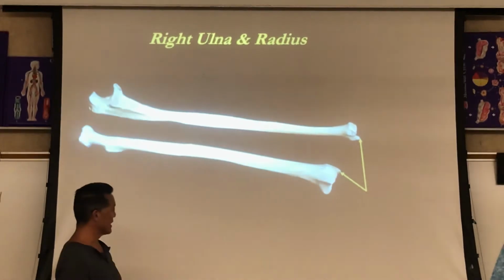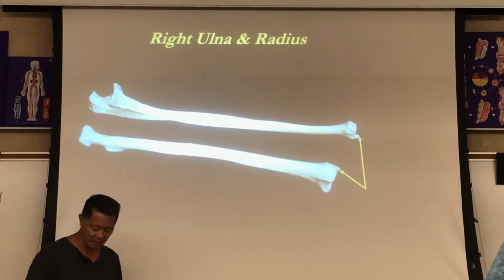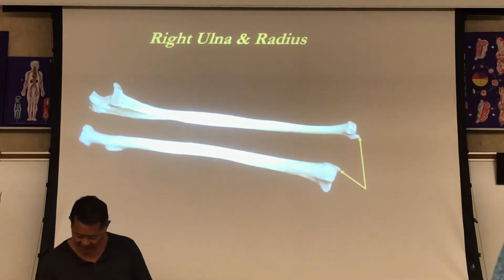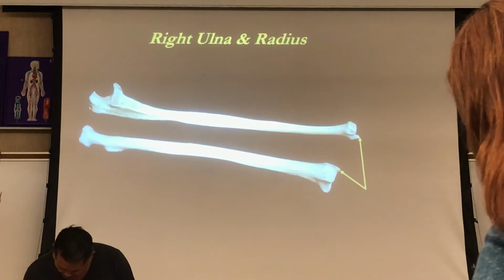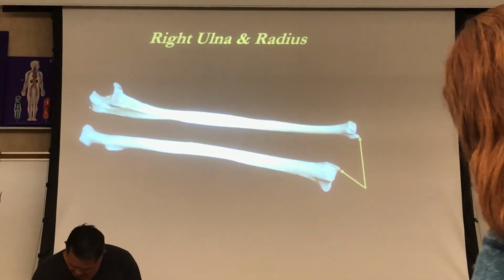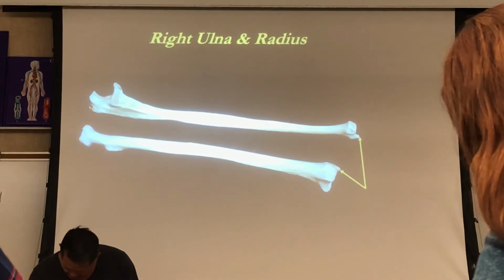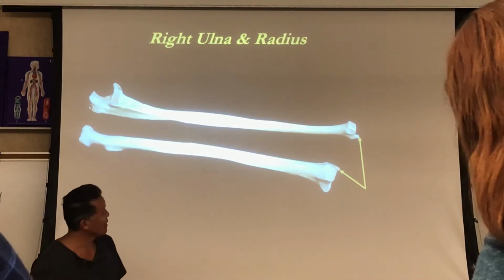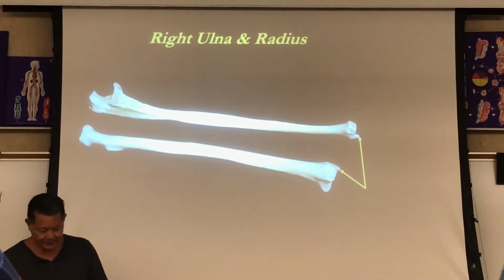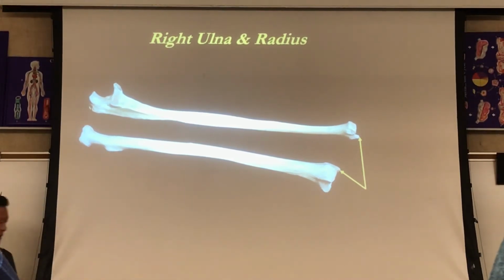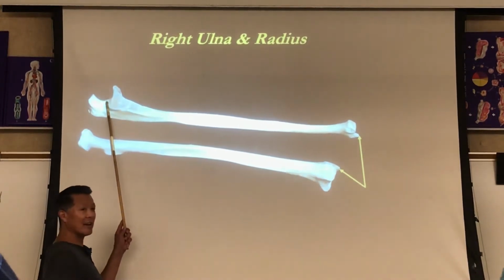Both ulna and radius have styloid processes, so you have to say styloid process of the ulna, styloid process of the radius. Ulna is on top. Yep. You know how you can tell that's the ulna? It's got a U on it.